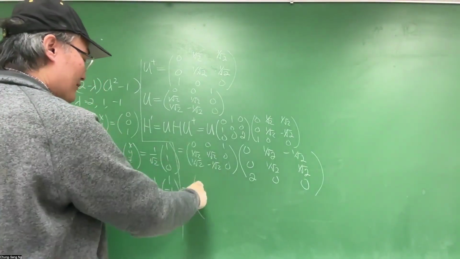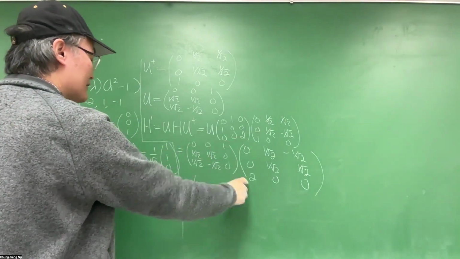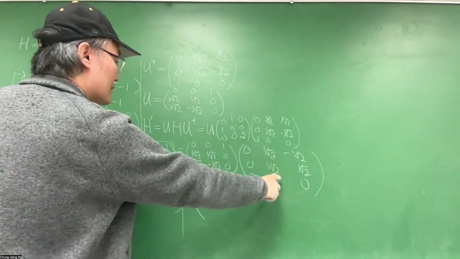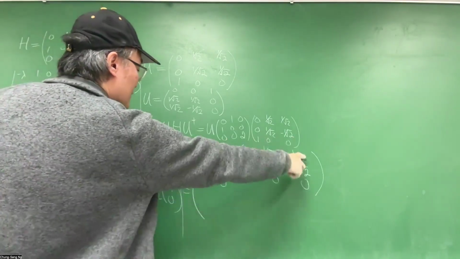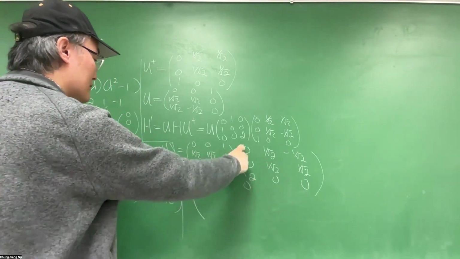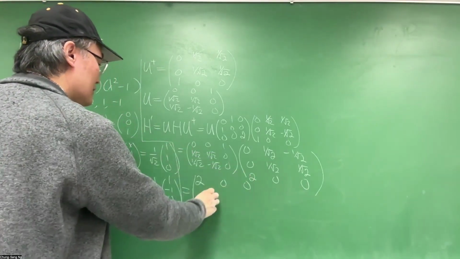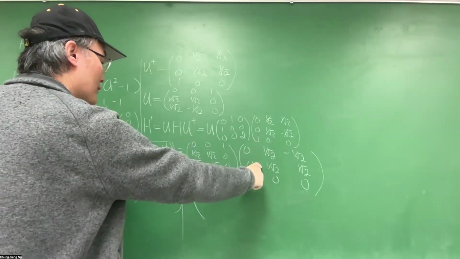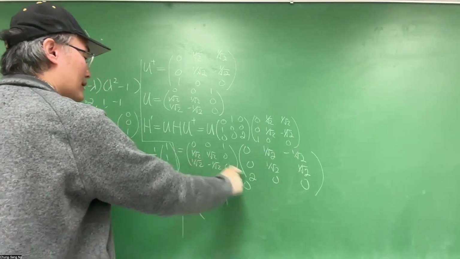Right? The first element, this times that is 2. Then this times that is 0. This times that is 0. The second one, this times that is 0. This times that is 1/2 plus 1/2, which is 1.